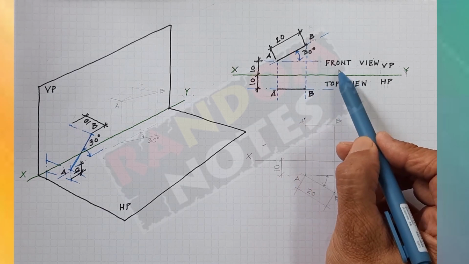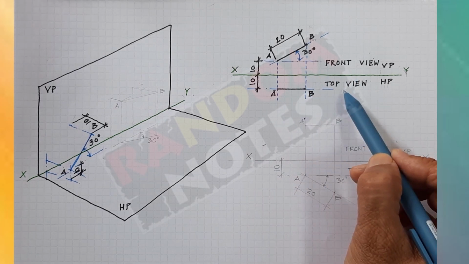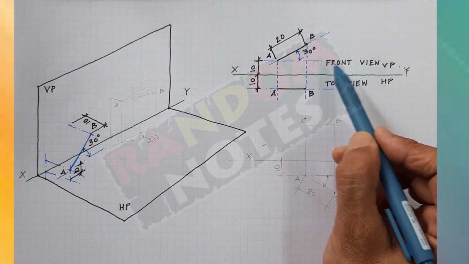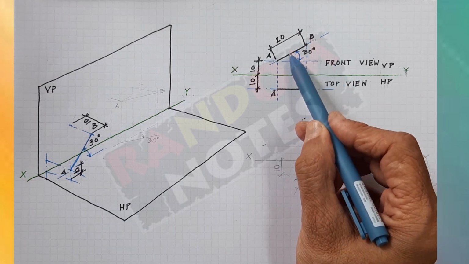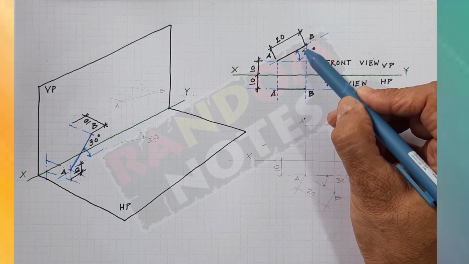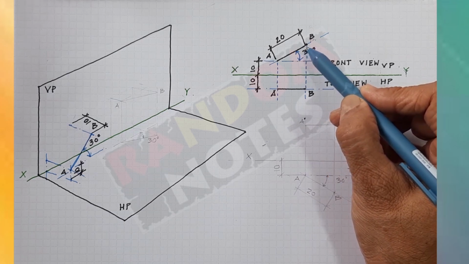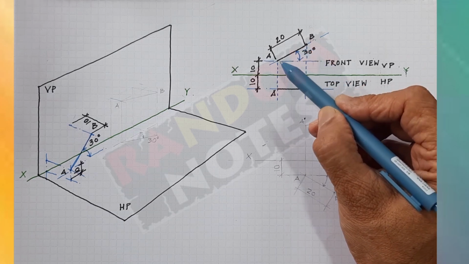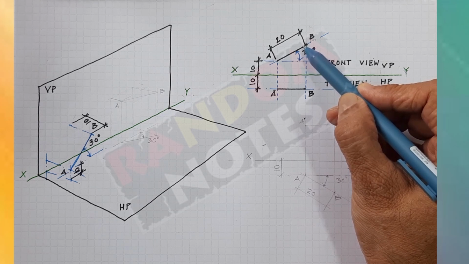This is the front view. This is the top view. The difference between the line in front view and the top view is that line AB is parallel to the vertical plane. Therefore, we are seeing the true length of this line.